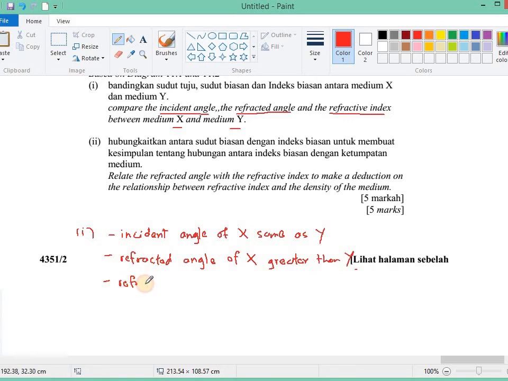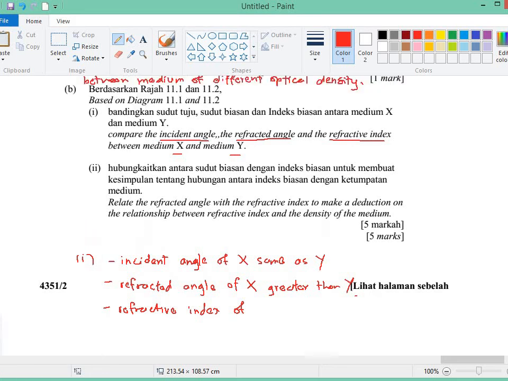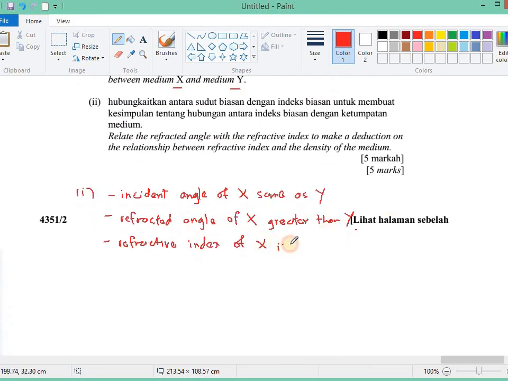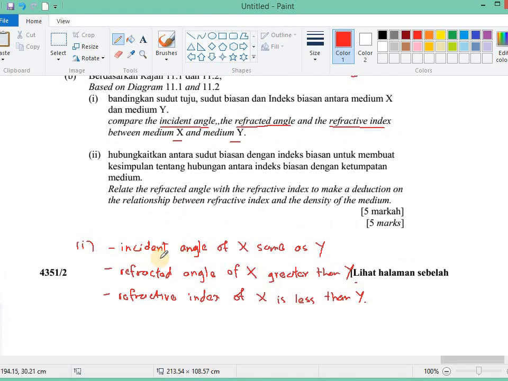So the refractive index of X is less than Y. Make sure that you compare. When you compare, you must write each one separately, like that.